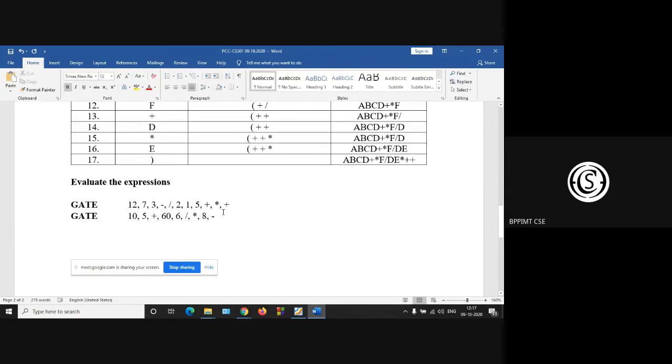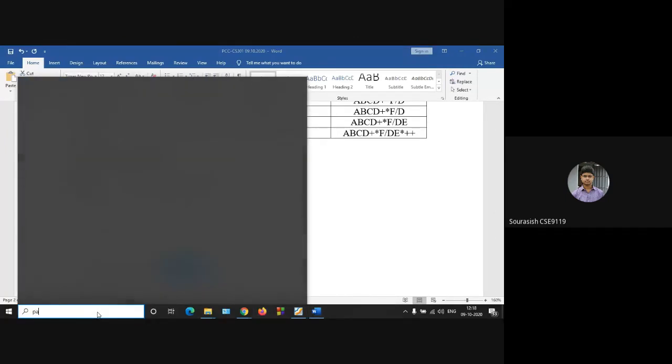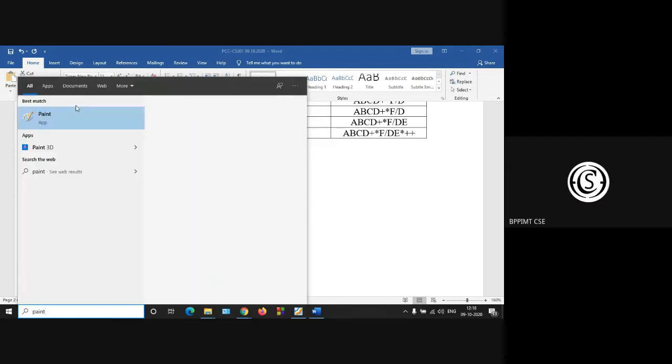So how to evaluate the first expression? Any idea? Using stack. Sir, maybe here we will put the operands in the stack, and whenever we encounter an operator, we will pop the elements. Yes.